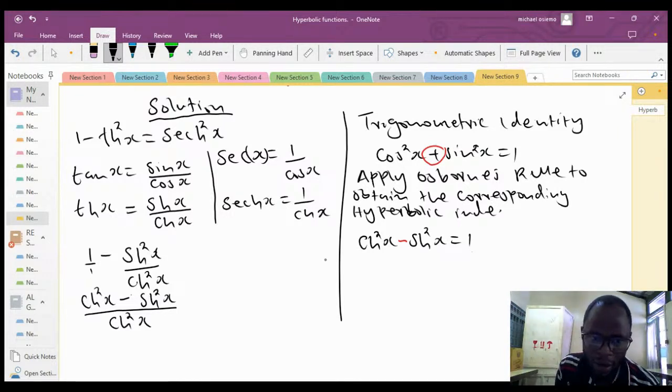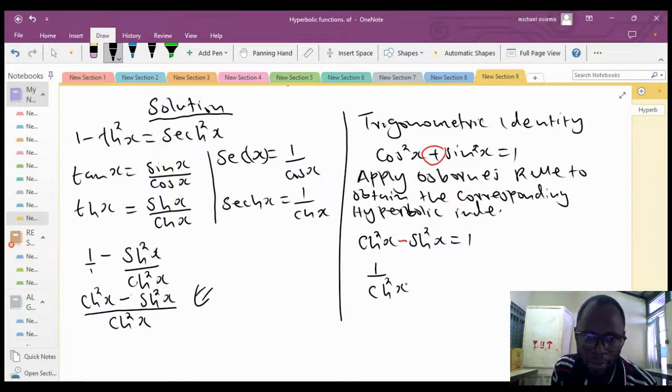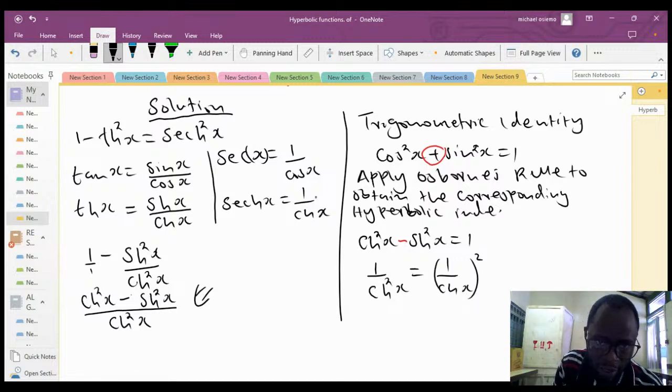So this implies, from our problem here, that we have 1 over ch squared of x. But in the beginning we said that 1 over ch of x is the same as the sec hyperbolic of x.